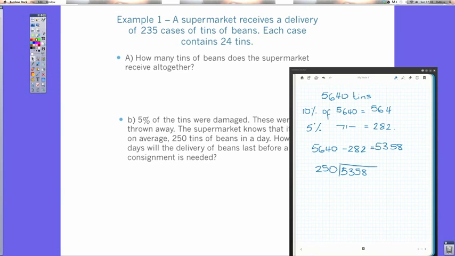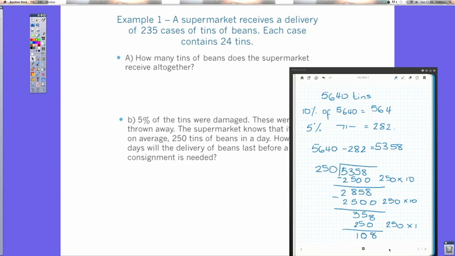Okay, and I'm going to use a chunking method. That's going to give me 108 left over. This last one is smaller than the 250, so I'm going to stop there.